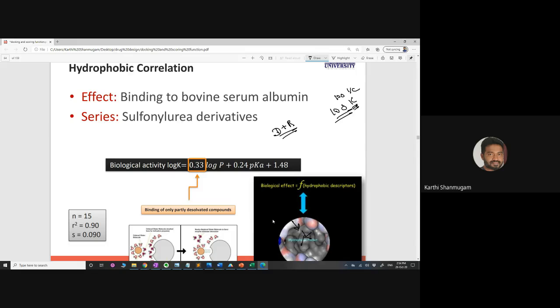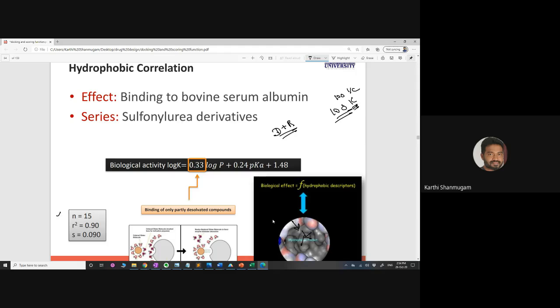So log k is equal to 0.33 log p plus 0.24 pKa plus 1.48. Here they have given some numbers related to statistics: n is equal to 15, r square is equal to 0.90, and s is equal to 0.090.